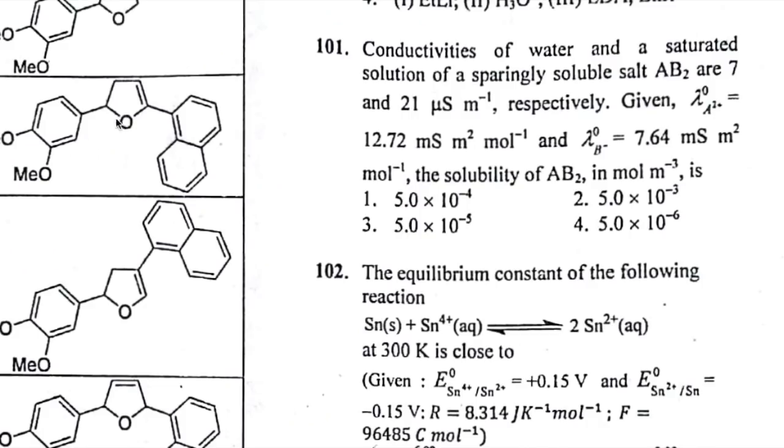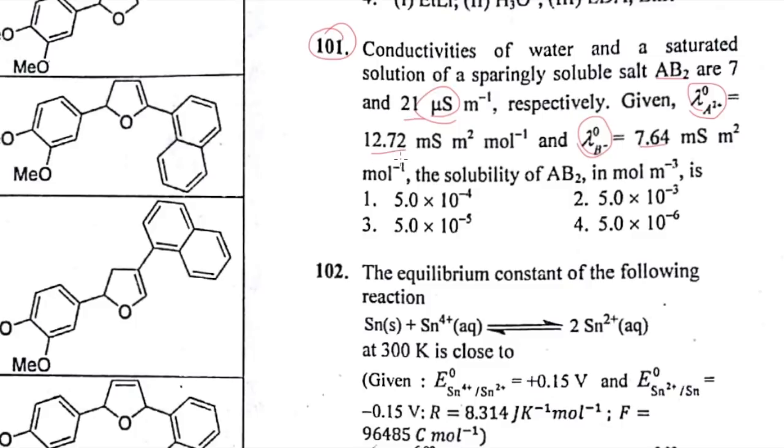So let's talk about this question. Over here, it says the conductivity of water and of a saturated solution of a sparingly soluble salt AB2 are 7 and 21 microsiemens per meter, and the lambda naught of A2 plus and lambda naught of B minus are given to you in these values.